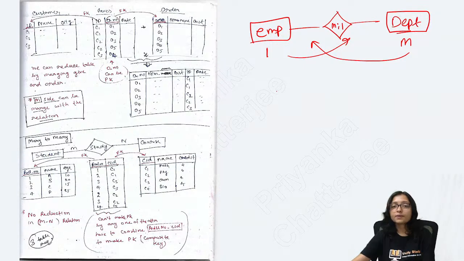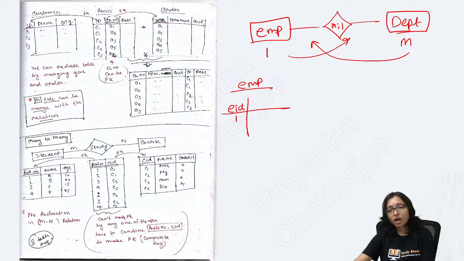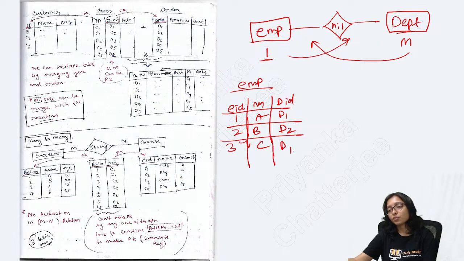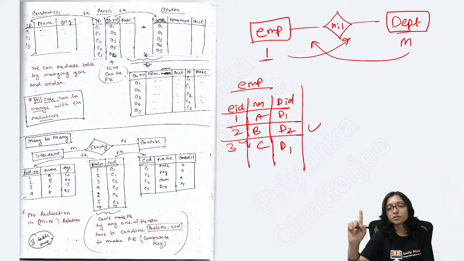Then what will happen? In the employee table, when there is EID 1, name A, I can add DID, because one employee has a maximum of one department, that is D1. Employee 2, B, works in department 2. Employee 3, C, may be working in department 1. That is possible.